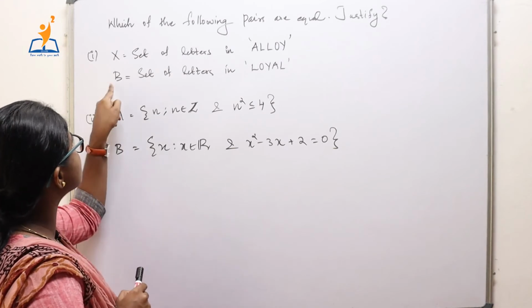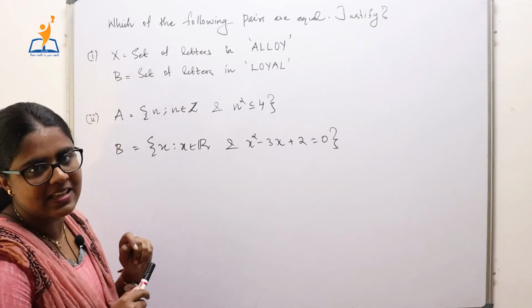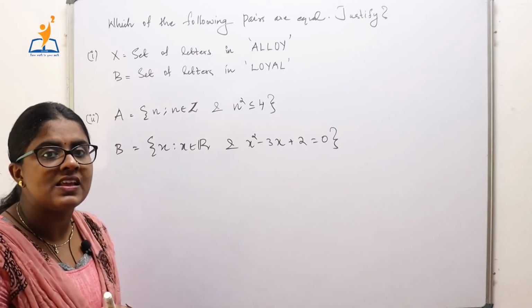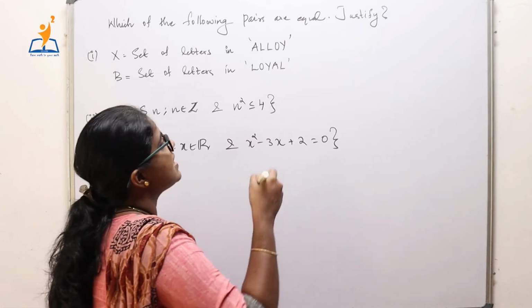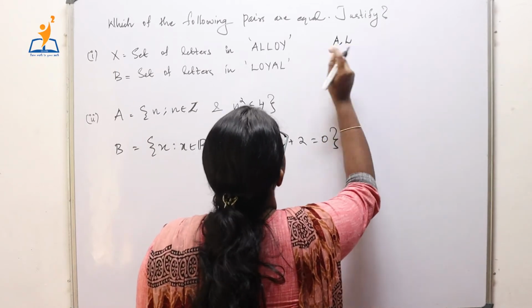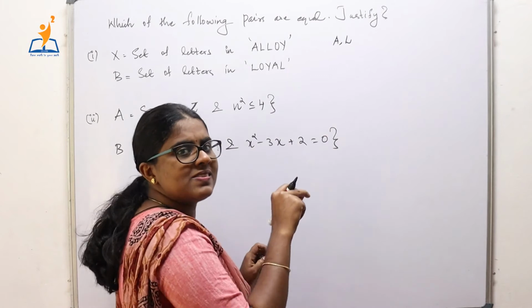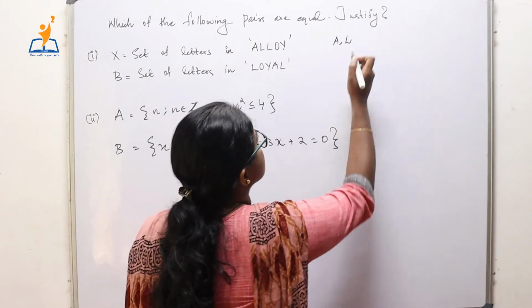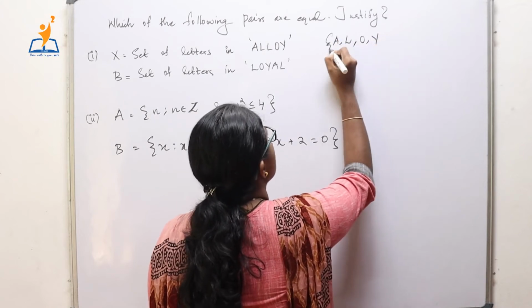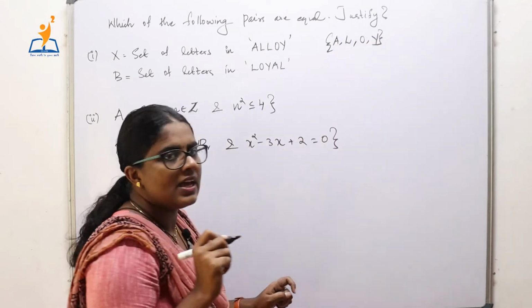Now here the first pair is set X and set B. What is the set X? X is the set of letters in the word alloy. Which are the letters in the word alloy? It contains A. Yes, it contains L two times, but in a set we have to write it only once. So L. Now we have O and Y. These are the letters in the word alloy.